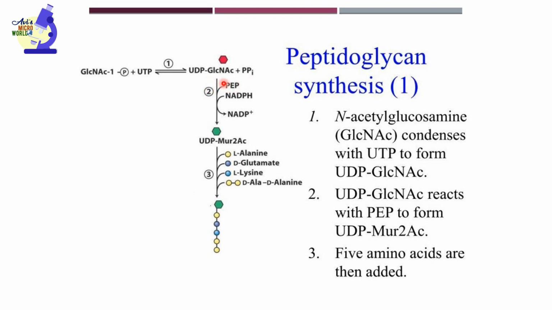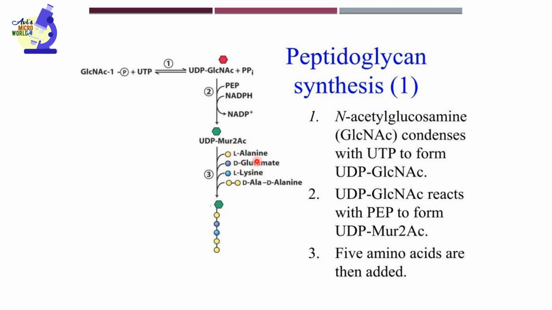Then the next reaction undergoes, in which PEP comes in, and NADPH is transformed into NADP plus. So the second process is UDP-GlcNAc reacting with PEP to form UDP-MurNAc, that is UDP-muramic acid.